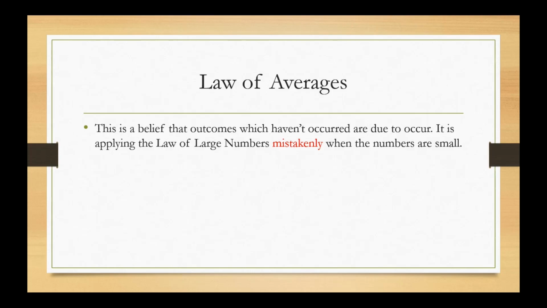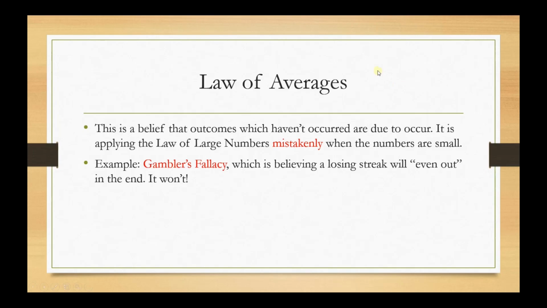So the law of averages lends itself to this idea of the gambler's fallacy. Fallacy is a term for a belief that you hold on to that's really not true. So the gambler's fallacy is believing a losing streak will even out in the end. This is a great example because a lot of gamblers really believe this.